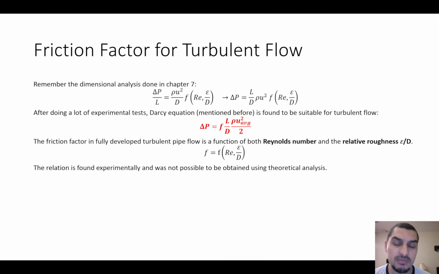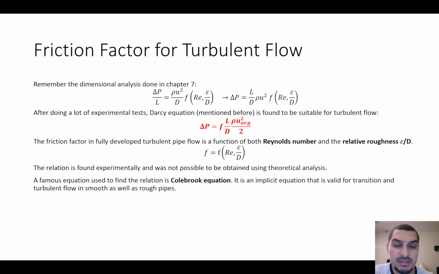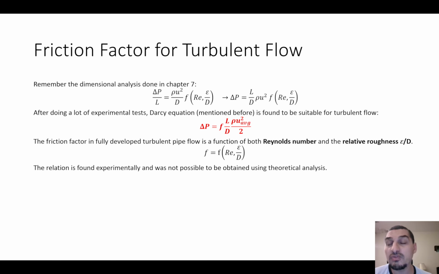It is obtained experimentally. We already have the results of the experimental tests that have been done. And this is not the only result. If you check the literature, you'd see that there are a lot of equations that have been developed to calculate the friction factor for turbulent flow as a function of Reynolds number and epsilon over D. But many of them are valid for special cases, for special pipe shapes, for a special range of Reynolds number or whatever.